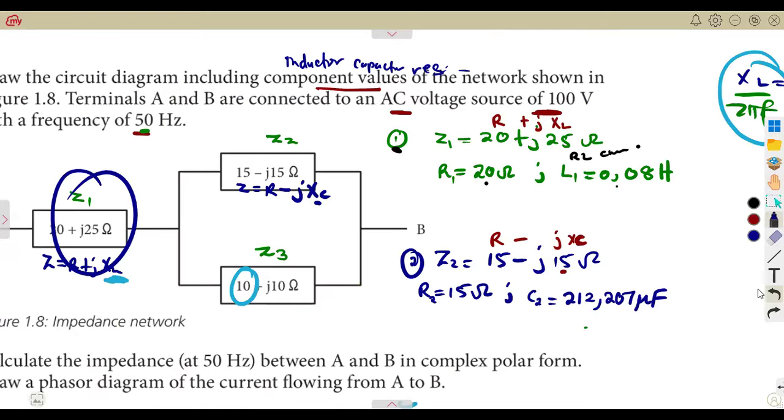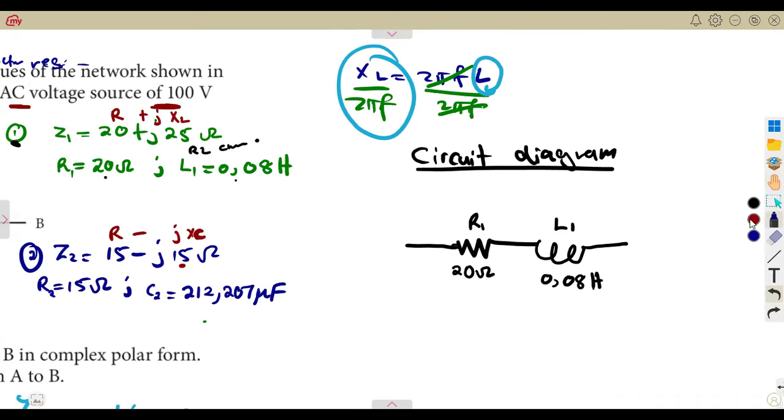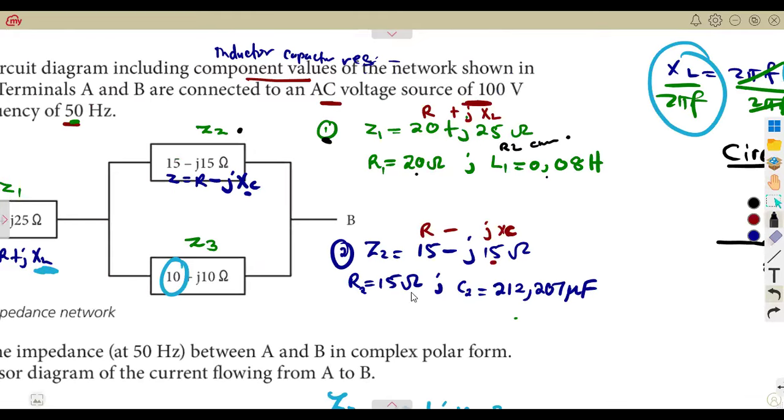Because we have presented Z1. Z1 is connected in parallel to Z2 and Z3. So we are going to have a parallel presentation from here. So you're going to have a parallel connection, okay? Connected to Z2, which consists of a resistor and a capacitor.